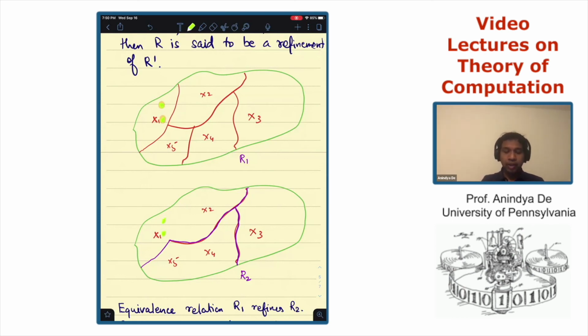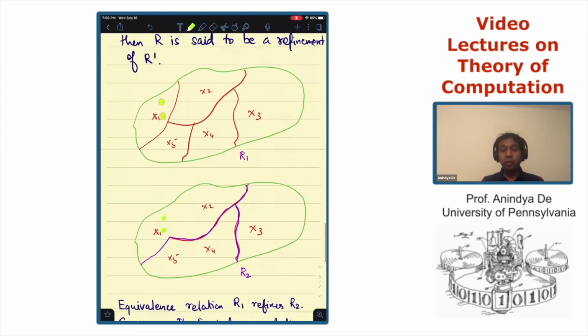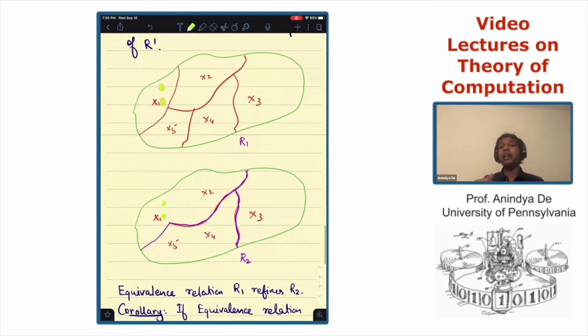For example, the elements x1 and x2 are both in the same equivalence class in R2, but they're in different equivalence classes in R1. And that is why we say that whenever this thing holds good, equivalence relation R1 refines equivalence relation R2. The reason we are calling it a refinement is because the equivalence relation R1 is inducing a finer partition than R2.